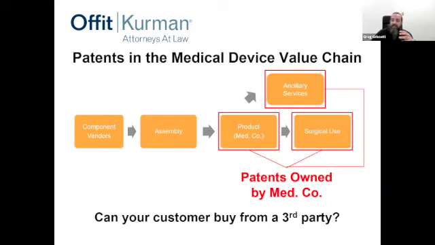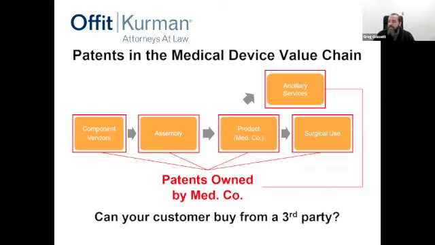So this isn't a big lift to go from patenting the product to patenting the surgical use. It's just making sure that you're thinking through that surgical procedure in a meaningful way, matching to your instructions for use and matching to the indications that you're marketing to is really the substance of it.